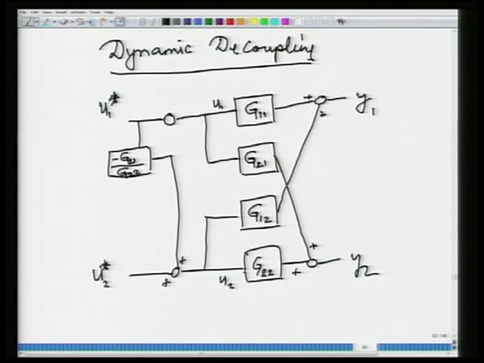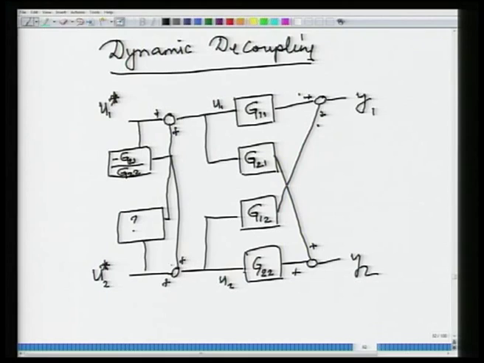Similarly, if I give a step here, I would like that only this changes, and y1 does not change. In order to do that, I take this signal and pass it through a transfer function box. What should go in here? What should go in here should be such that this signal is the negative of this signal.